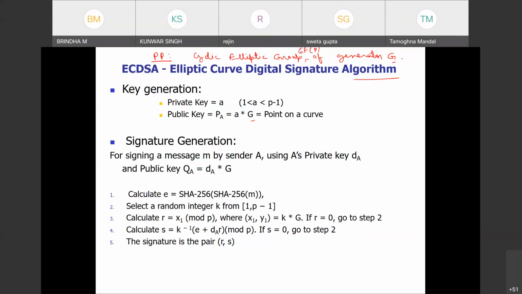The key generation is the same as before. The party will choose A between 1 and P minus 1, and the public key will be A Z, a point on the curve. That is the same.